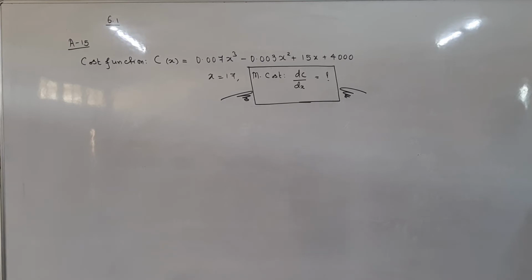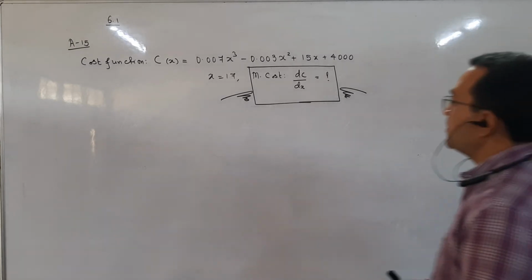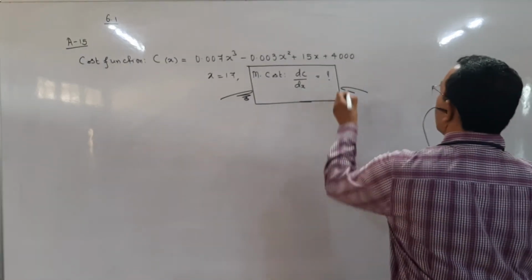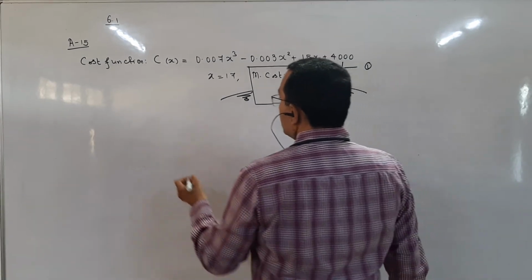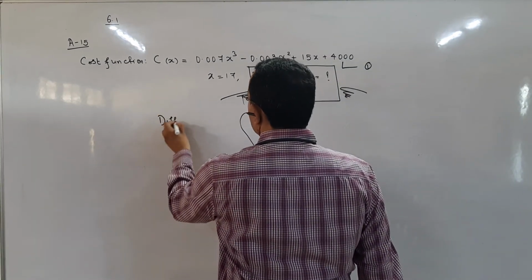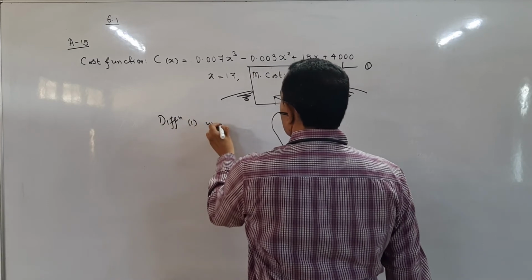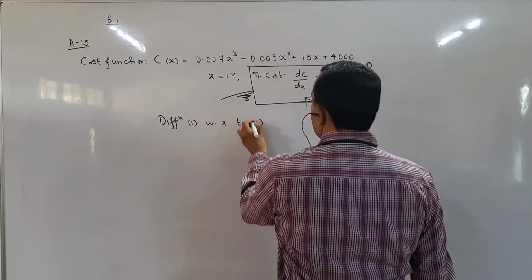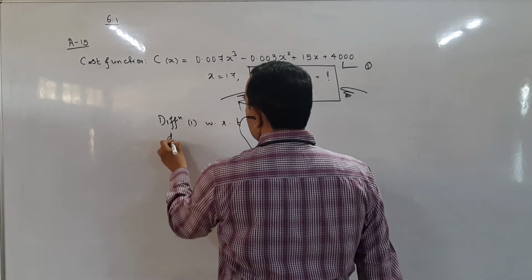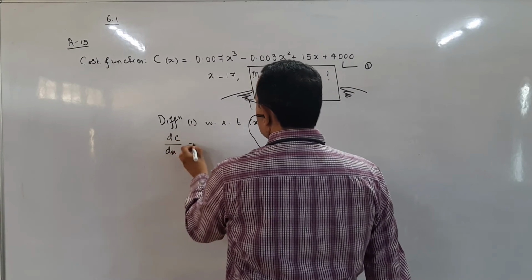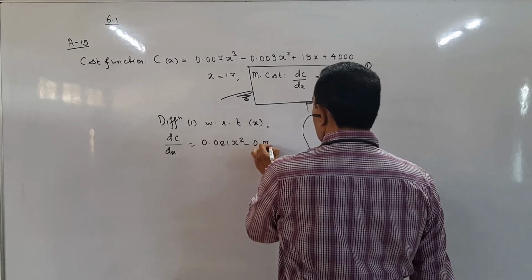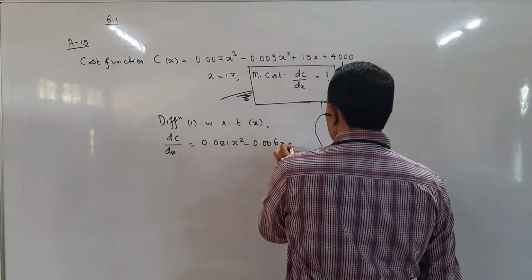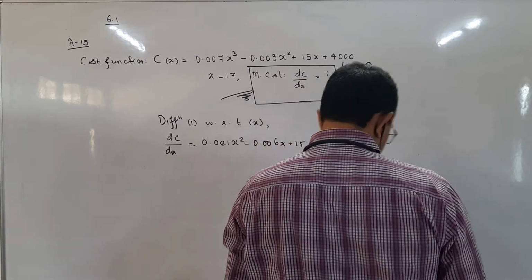dc by dx. So differentiating with respect to x, say I call this as result 1. Differentiating 1 with respect to x, we get dc by dx is equal to 0.021 x square minus 0.006x plus 15.